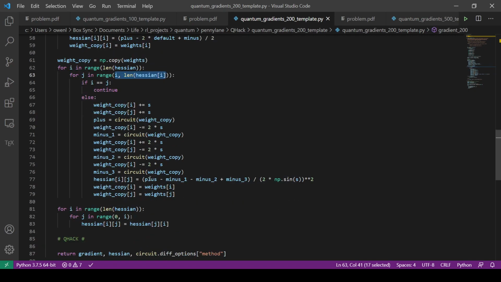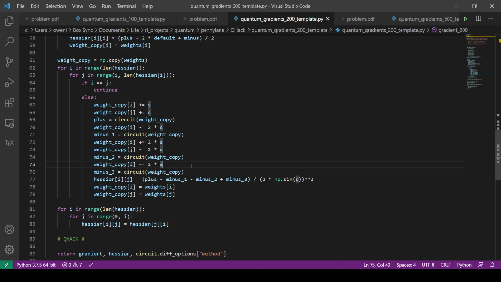We have the plus plus for each weight. Okay, let me start again. This is plus plus, this is minus plus, this is plus minus, and this is minus minus.